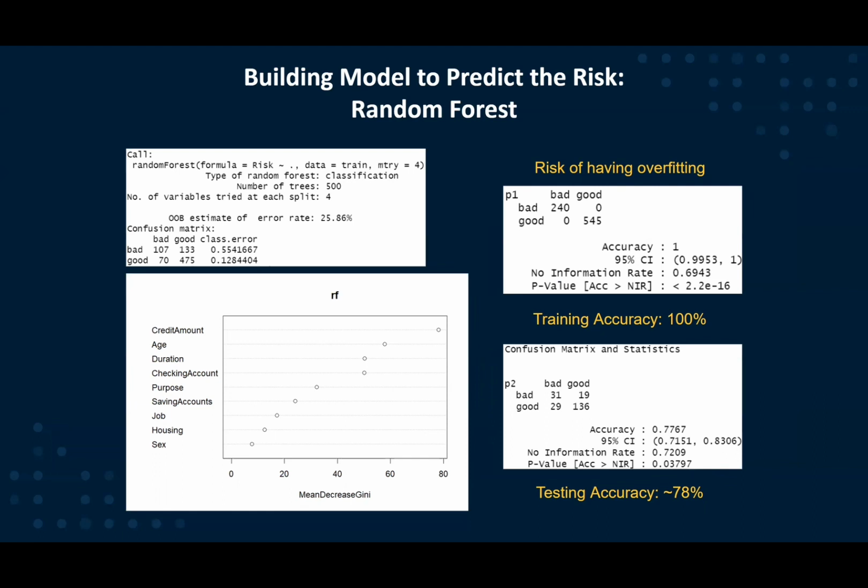And job, housing, and customers' social background are still not very important for determining customers' risk rating. And we do have a 78% testing accuracy for the random forest model, which is similar to logistic regression. However, we do have a risk of overfitting in this model.